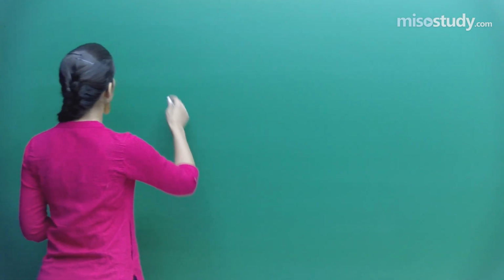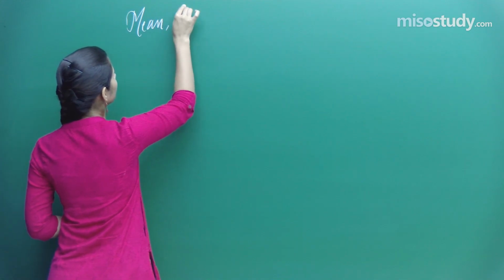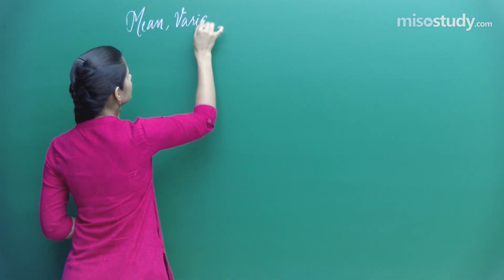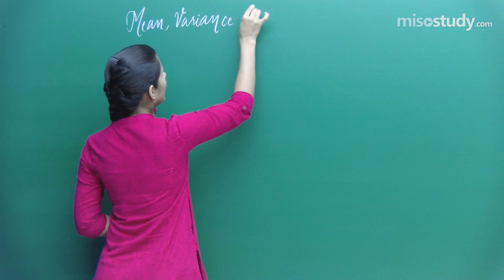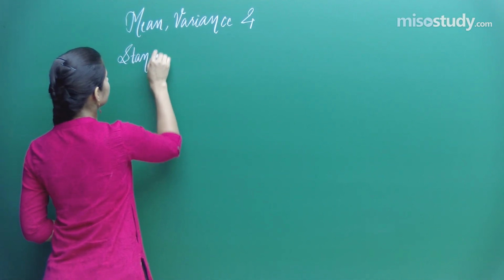So guys, today we need to discuss three new terminologies which basically are not new. We have already dealt with them in probability distribution and now it's time to deal with them in binomial distribution. And the terms are mean, variance and standard deviation.